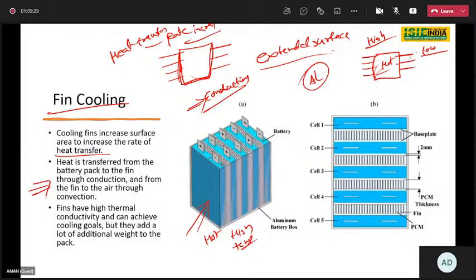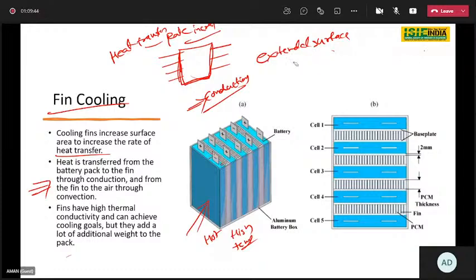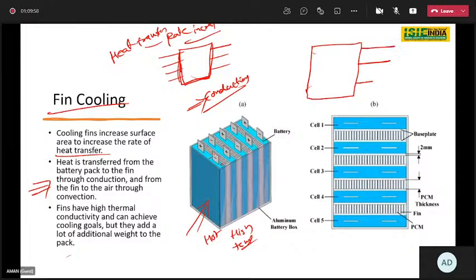Now there is some natural air, so let's take the flow of this air as an example. Just a second, I'll erase this to give you a clear image. This is my battery pack, and this is the extended surface. This is hot in nature, at high temperature, and this is at low temperature.